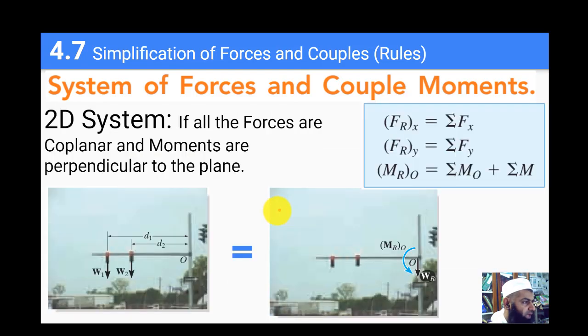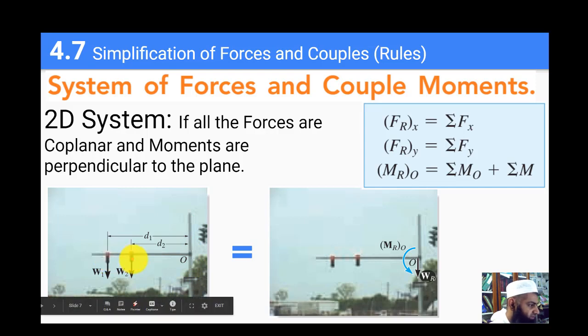So here we see how we would apply this concept for a 2-dimensional system. Let's imagine we have this pole which has these two street lights on it. This street light has a weight of W1, and the second street light has a weight of W2, and this one is at a distance D1 and this one is at a distance D2.